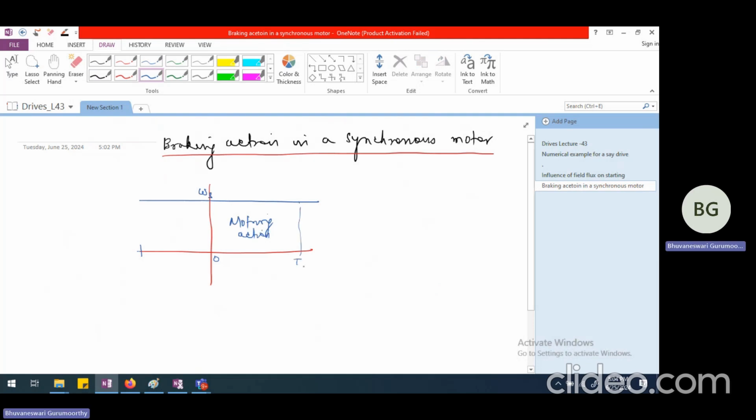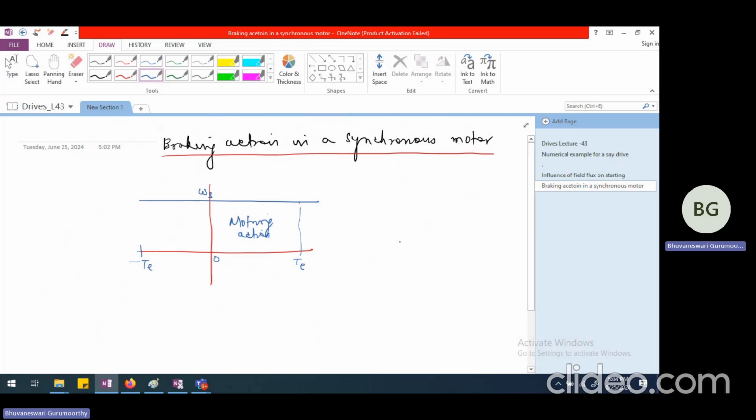So this is going to be the electromagnetic torque that is generated. And if I'm talking about generating action, this is going to be the electromagnetic torque, that is counter torque, that is being generated by the machine.